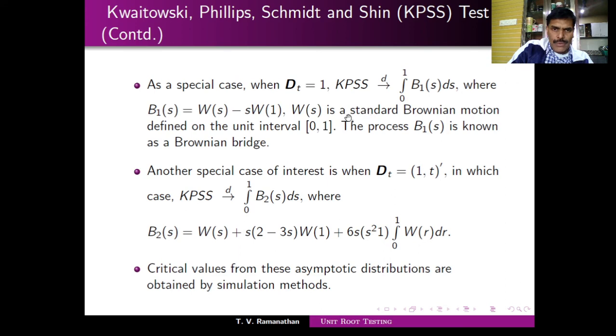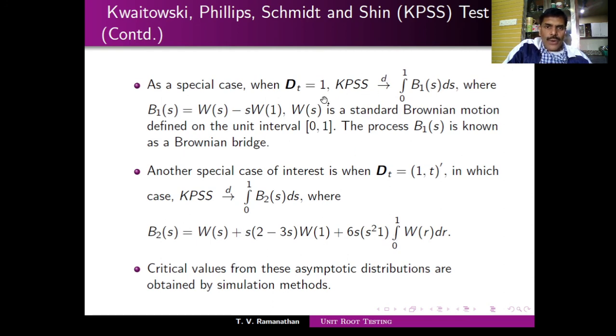B1 is not a Brownian motion from minus infinity to plus infinity. It's a Brownian motion tied down on 0 to 1, and if you define B1(s) as W(s) minus sW(1), this has a name. This is called a Brownian bridge. You can see that all these depend on the standard normal distribution. There are no parameters involved in this entire thing, so you can simulate them very easily, and then the test can be carried out.